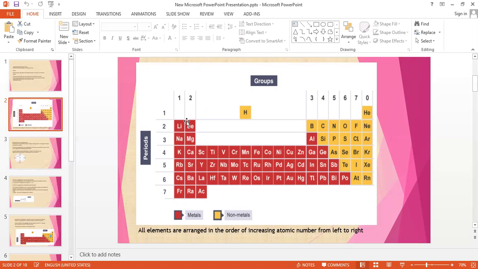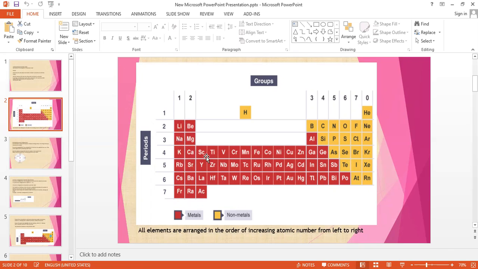So these group 2 elements in the periodic table are valency 2 elements. All those elements of group 2 have 2 electrons in the outermost shell. That's why group 2 elements have valency 2, and group 1 elements have valency 1.